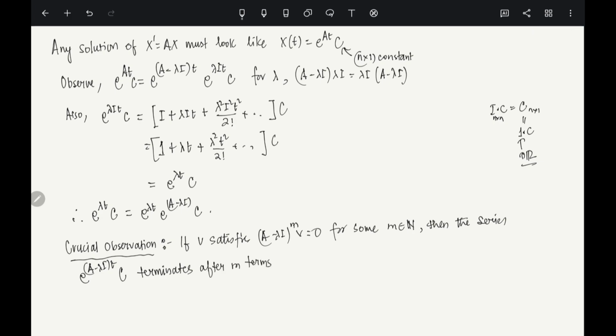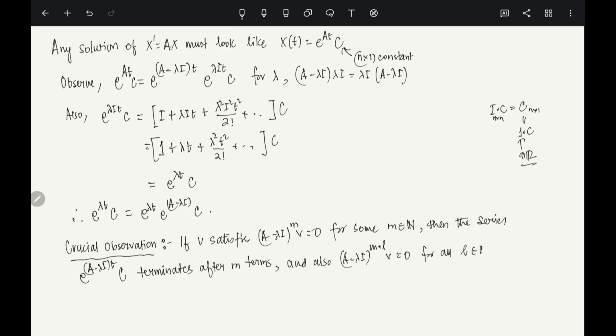That is very easy to see. And if this is 0, then A minus lambda I to the power m plus L is also going to be 0, for all L.